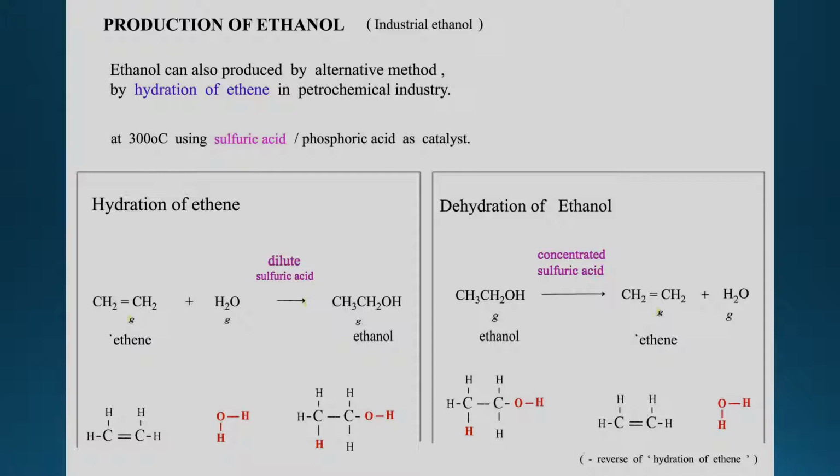So this step is called dehydration. Dehydrate, remove water. Student, please remember, dilute sulfuric acid can make ethanol. For dehydration, you need high concentration sulfuric acid, and this process can reverse.